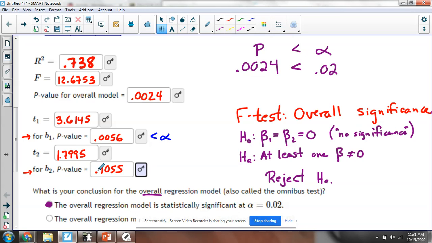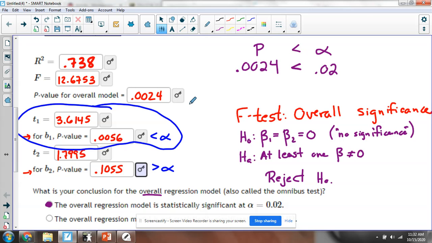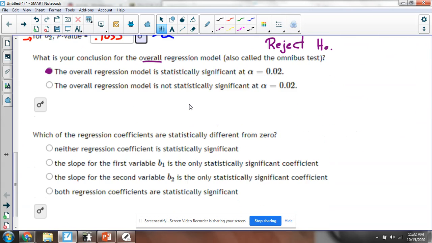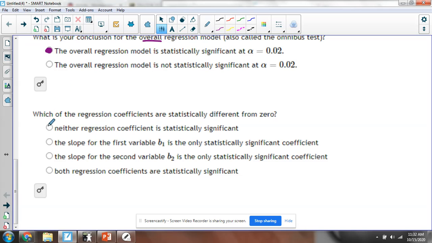And for b2, we have 0.1055, which is greater than alpha. So when comparing the individual p-values, we see that b1 is the one that is significant. It's less than alpha, so it shows some significance. The slope for the first variable, b1, is the only statistically significant coefficient.